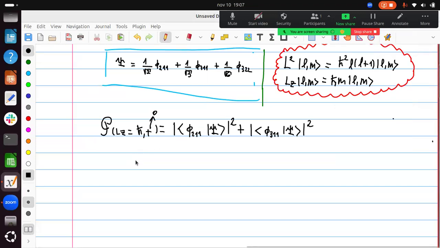For instance, let's remember that the time evolution operator behaves like something like this. That is just an exponential term: minus the imaginary unit, the energy level, multiplied with the time, divided by h bar.